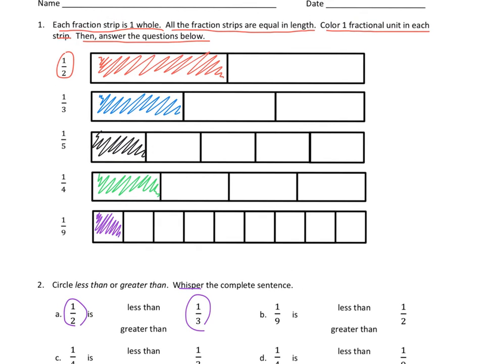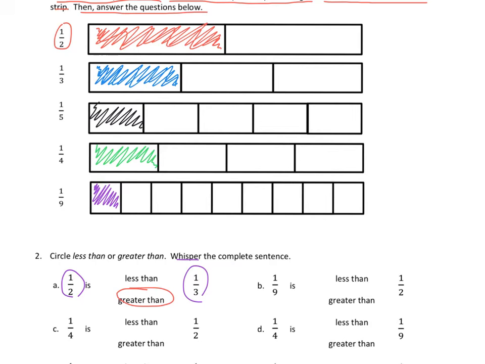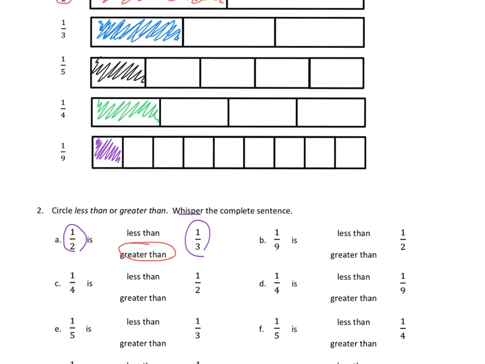And when I look at these two, I see that 1/2 is larger than 1/3. So I know that 1/2 is going to be greater than 1/3. So my statement for that is 1/2 is greater than 1/3.